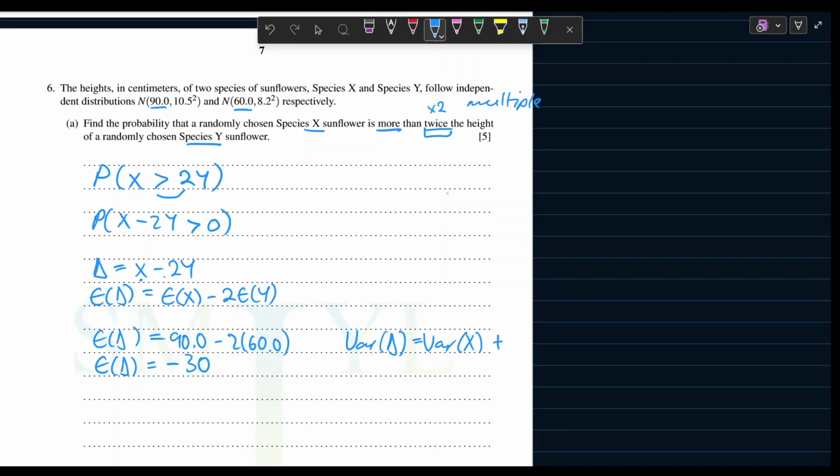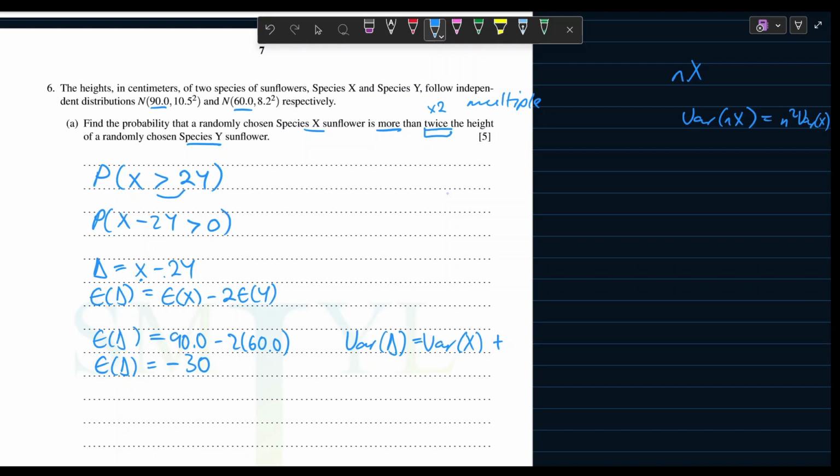The alternative to a multiple is a sum. People tend to confuse the two. The calculation for the expectation is the same for both multiple and sum. But if you've got a multiple, which is usually of the form nx, the variance of nx is going to be n squared times the variance of x.